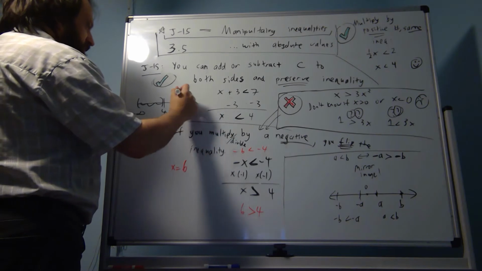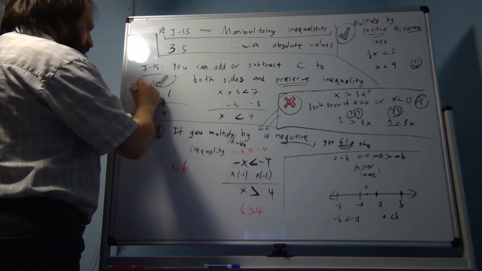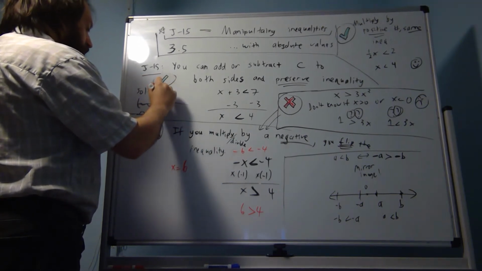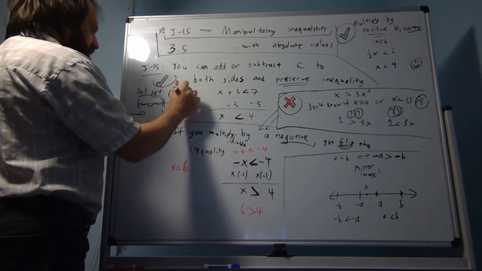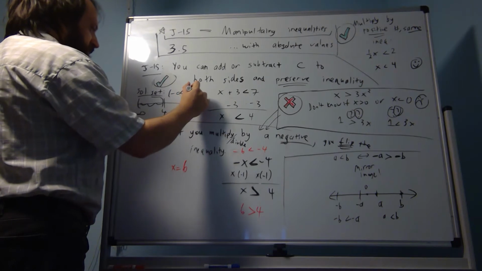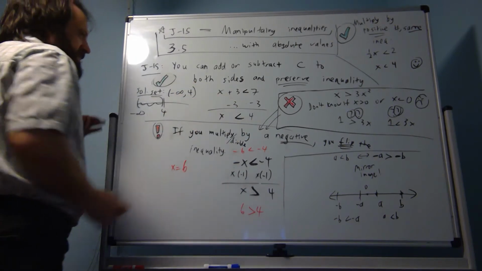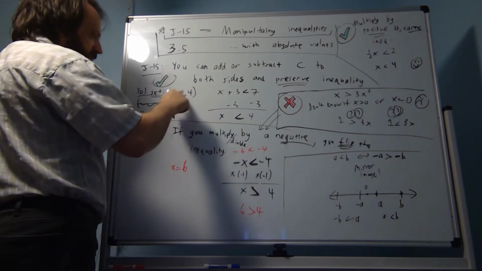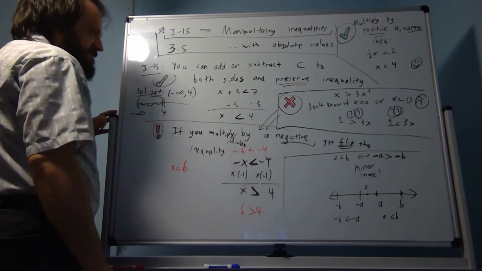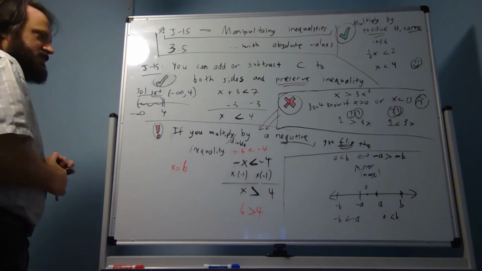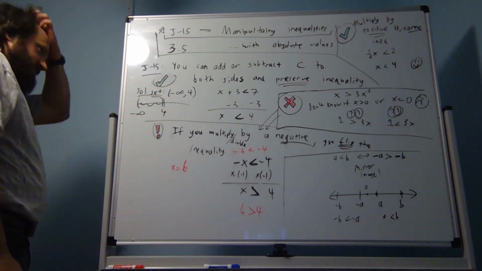In an inequality, the solution set is usually one or more intervals. So x could be any number that's less than 4. If you plug in 4, it's not true, because 7 is not strictly less than 7. But you plug in 3, 6 is less than 7.